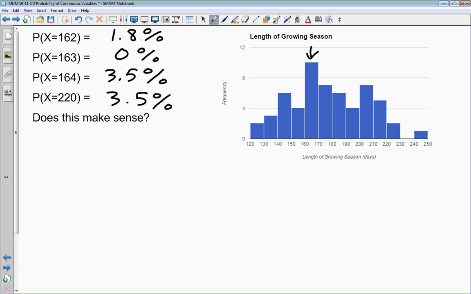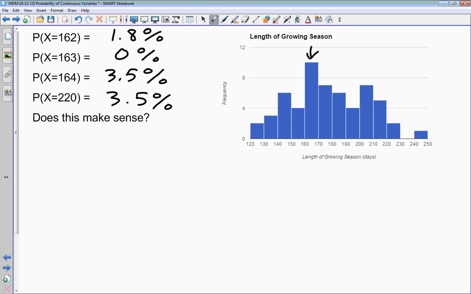But if we look at these specific numbers, they don't seem to reflect that. This suggests about a 2% chance of getting 162 days, about a 4% chance of getting 164 days. So these two have a probability, but absolutely 0 chance of getting something in between them, which doesn't seem to make any sense either.